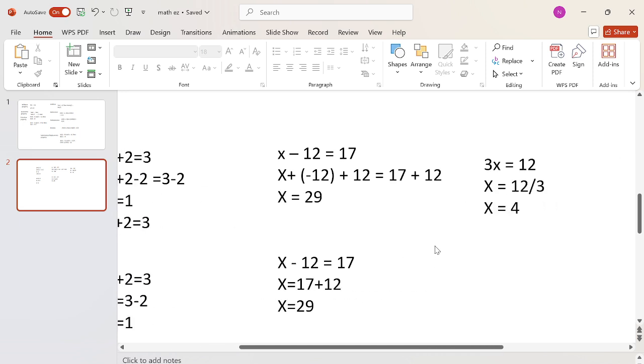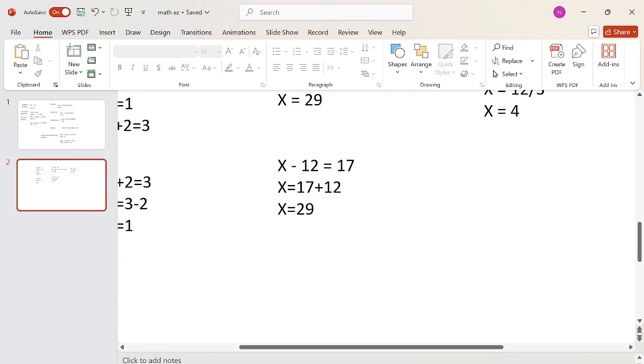X minus 12 equals 17. So in the transposition method, we can transpose minus 12 to plus 12. It would be like minus 12 would become plus 12 because it's the inverse of minus.